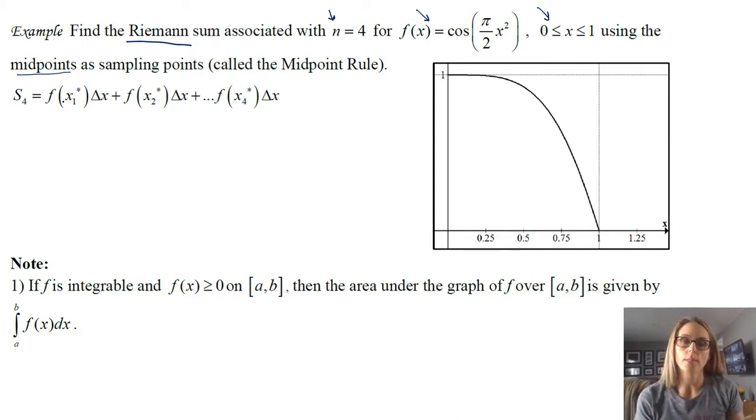Another way to do a Riemann sum would be the midpoint. So you'd have your interval, 4 intervals in this case, and you're going to look at the midpoint of each interval. So graphically, that would be something like here, here, here, and here.